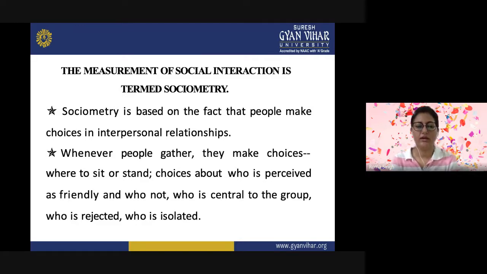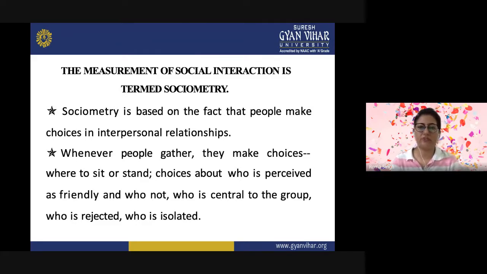The most common sources of evaluative information fall into three categories: existing information, the people, or any kind of observations. So the measurement of social interaction is termed as sociometry.